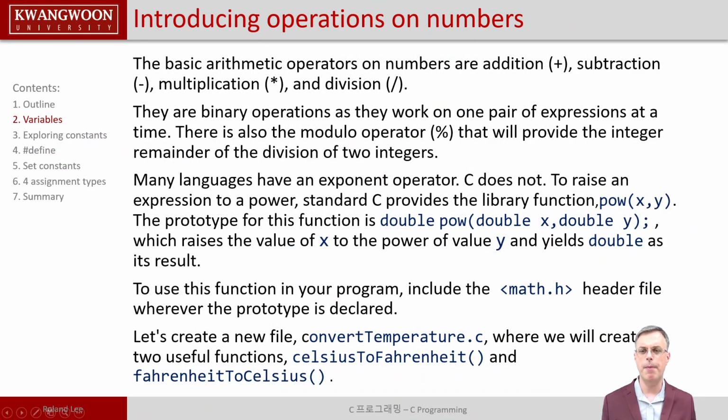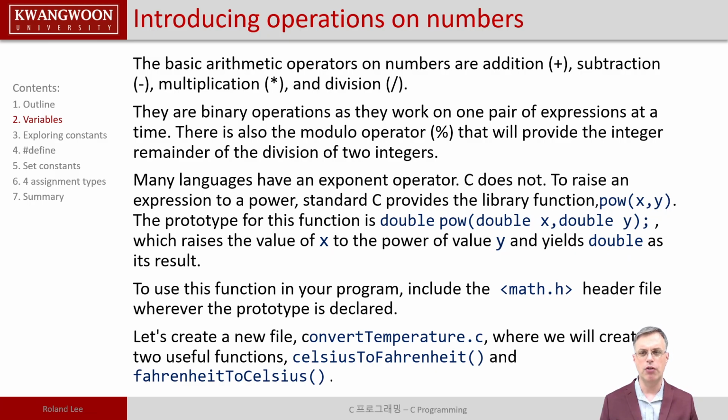The basic arithmetic operators on numbers are addition, subtraction, multiplication, and division. They are binary operations as they work on one pair of expressions at a time.